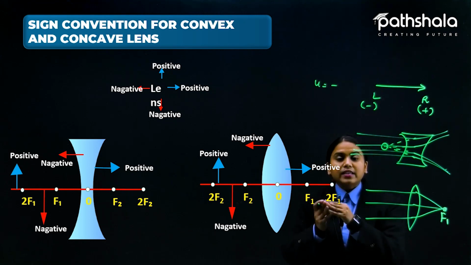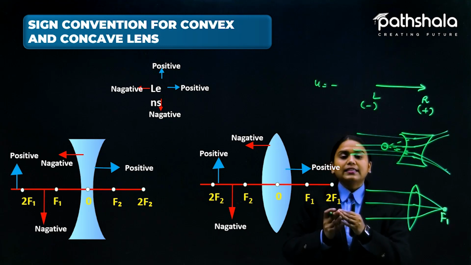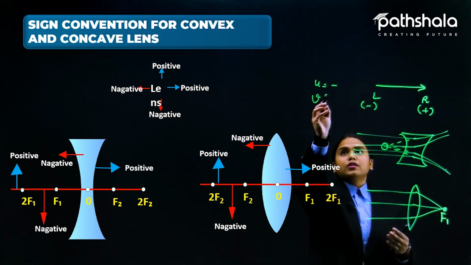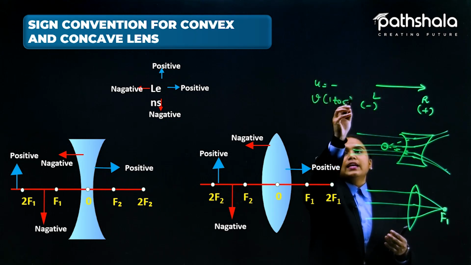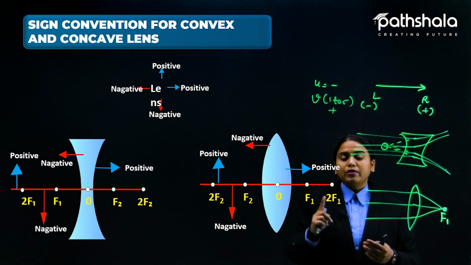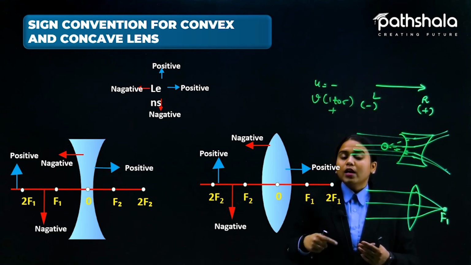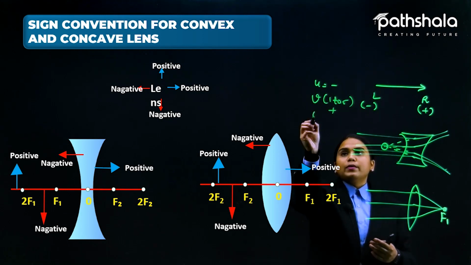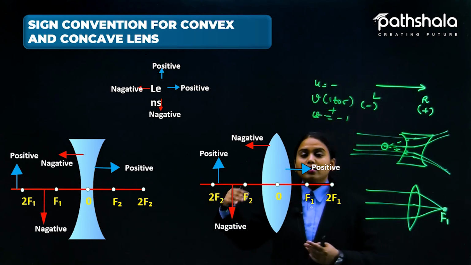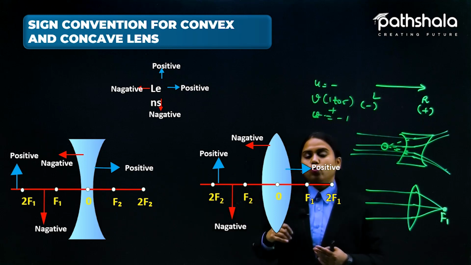So the images in case of convex lens are going to be positive for the first 5 cases, 1 to 5th case. And in the last case, when we were getting the virtual image, it would be negative, because the image would be at this side only.